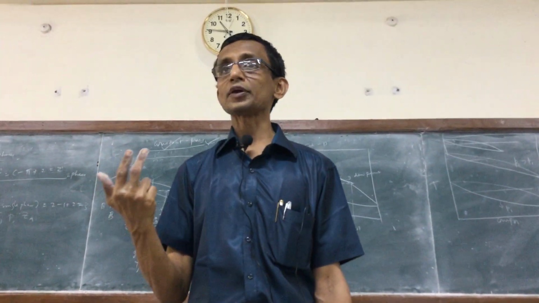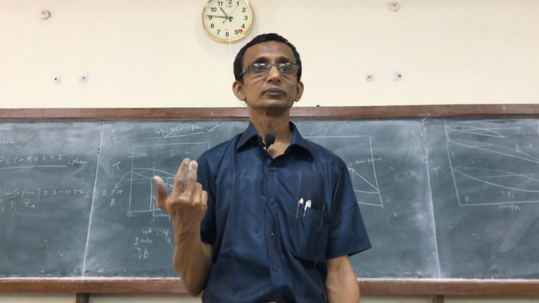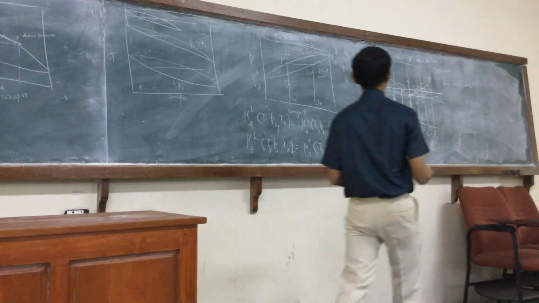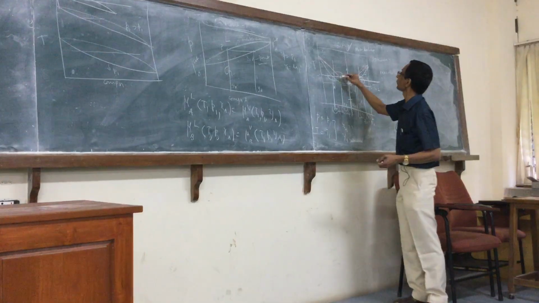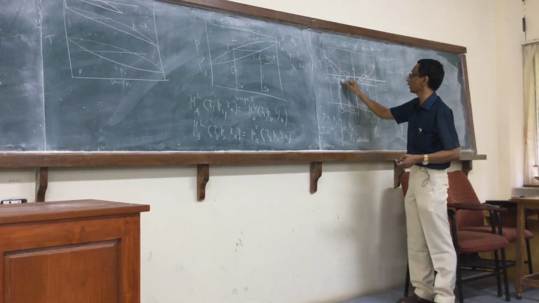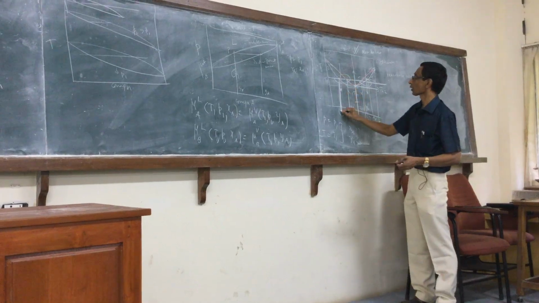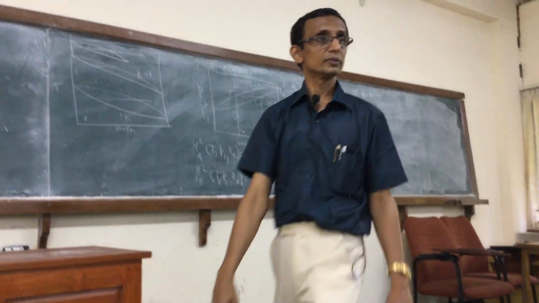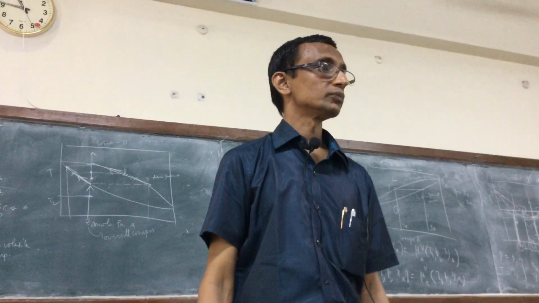Now, how is the state uniquely fixed or not? Maybe the diagram is not very clear because there are so many lines. All I am saying is the pressure is fixed, 1 degree of freedom exhausted. Now XA1 I am choosing it to be this. Is the system fixed or not?